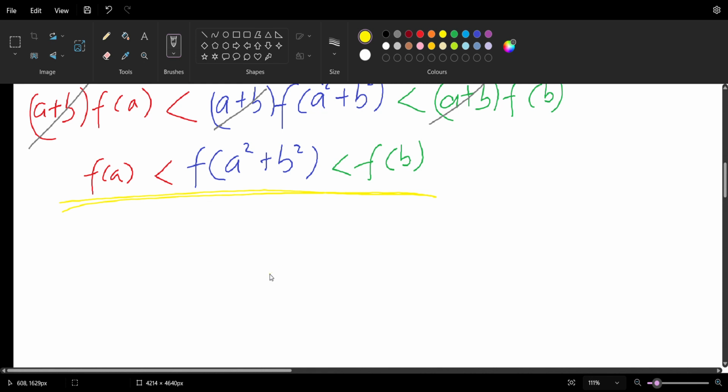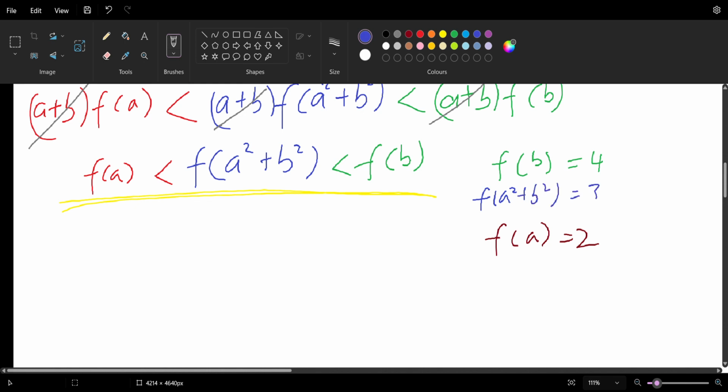Because if it's a non constant function, we can have a situation where f of b is 4, then a f of a is 2. Then we can say f of a squared plus b squared, let's say some sort of weird equation, a squared plus b squared can give us 3.